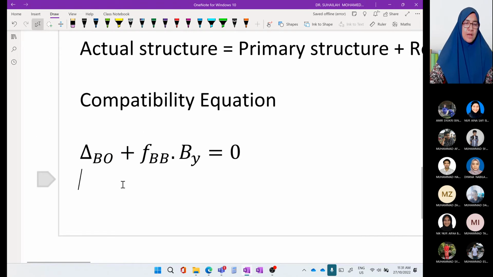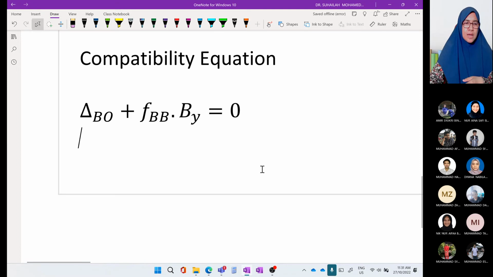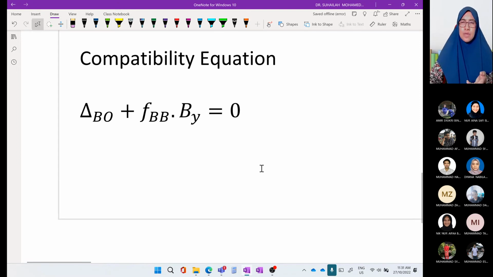Okay, what is delta B naught and FBB? For beam and frame, we integrate to calculate the delta. It is just like the formula we use to calculate displacement using the unit load method.